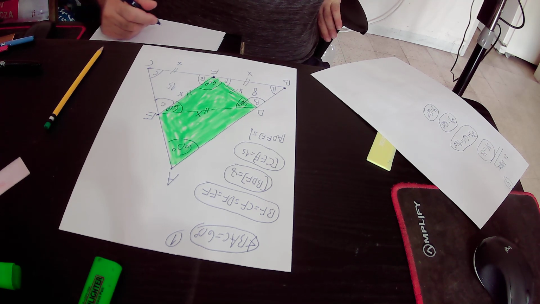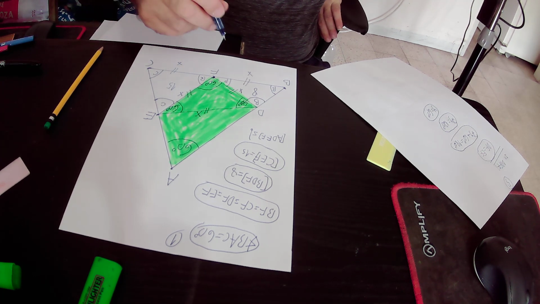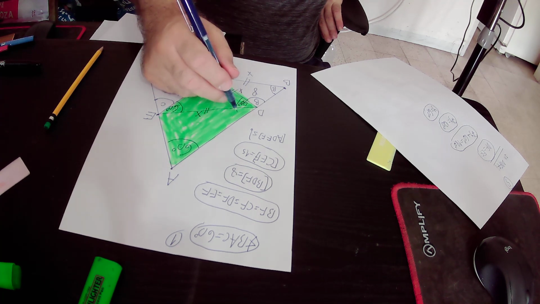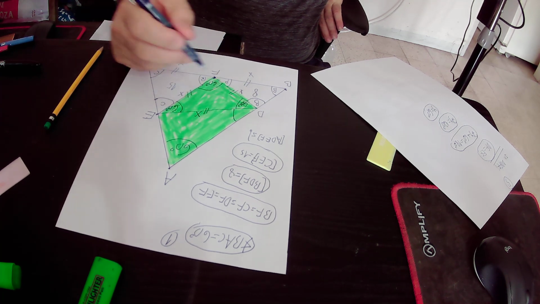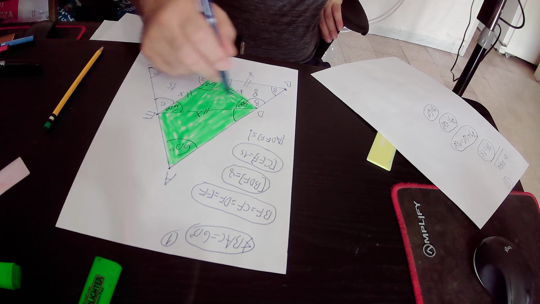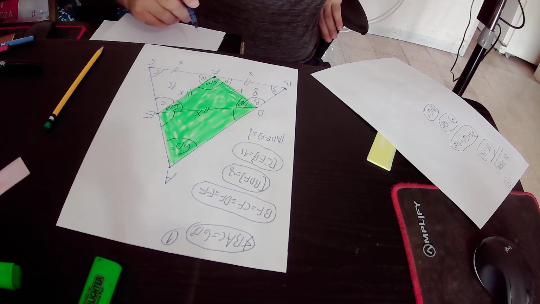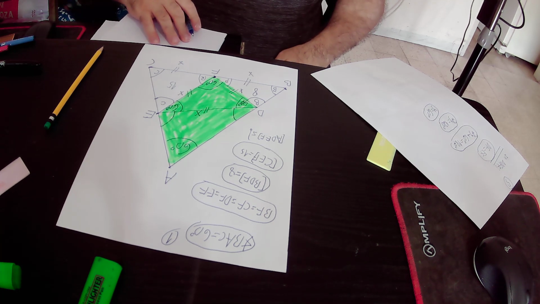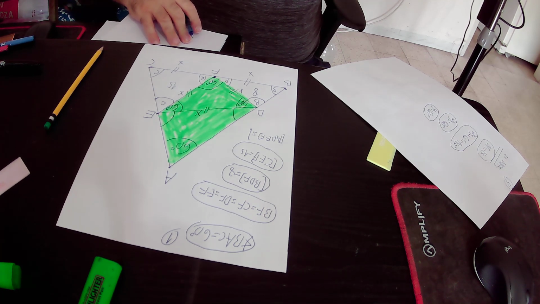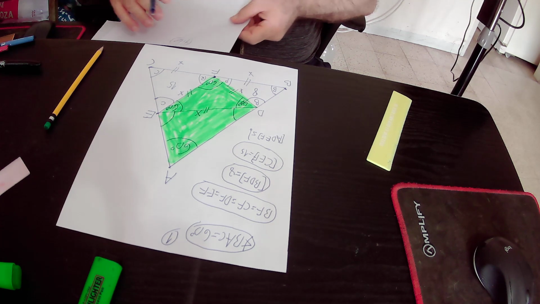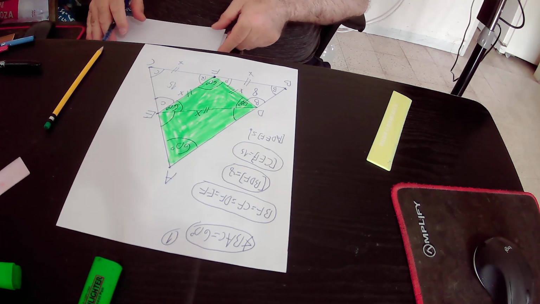In the next step we will find out the size of angle ADE and the size of angle AED, the size of this angle, according to the rule that the sum of the angles on a straight line is equal to 180 degrees.